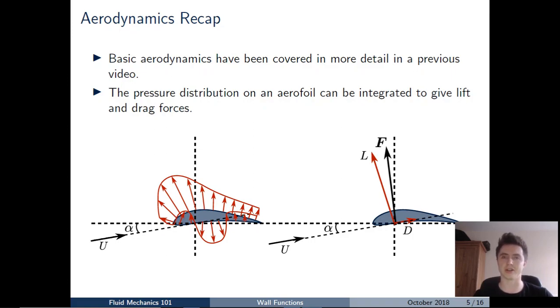So the pressure always acts normal to the surface and forms a distinctive shape on the top and bottom surfaces of the aerofoil. And if we integrate that pressure distribution around the aerofoil, what we find is that we get an overall force vector F that represents the net force acting on the aerofoil section, and we can resolve that into lift and drag forces L and D.